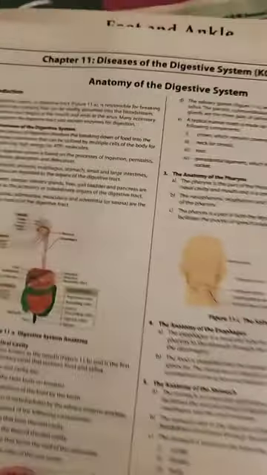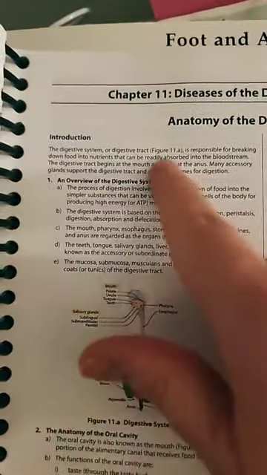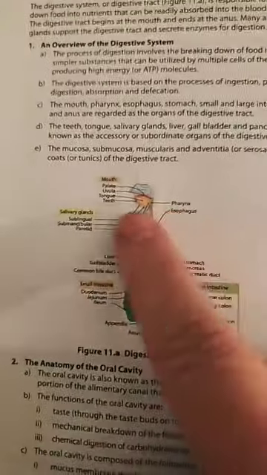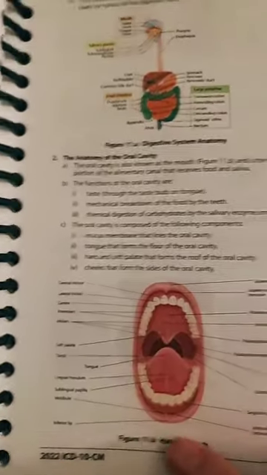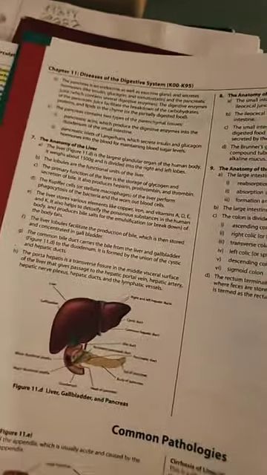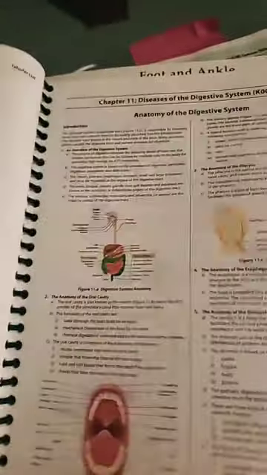You just need to be able to learn this information, where your digestive system is, the order of digestion, what comes first, comes second. It's all here. If you're buying the books already, it's there. And then the common diseases, stuff that happens to it.